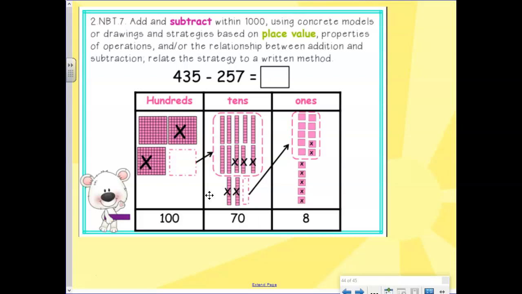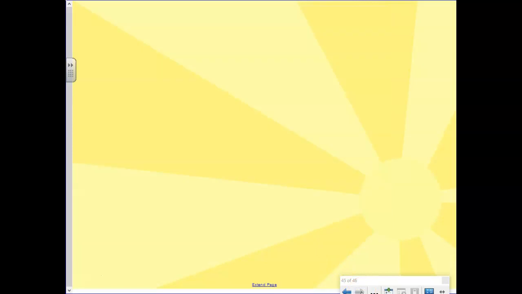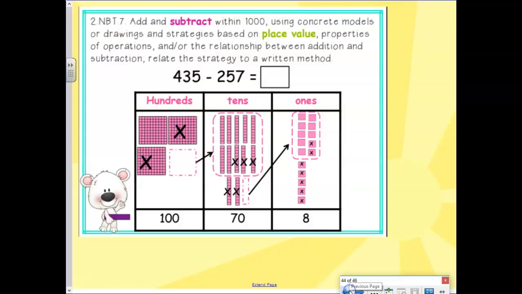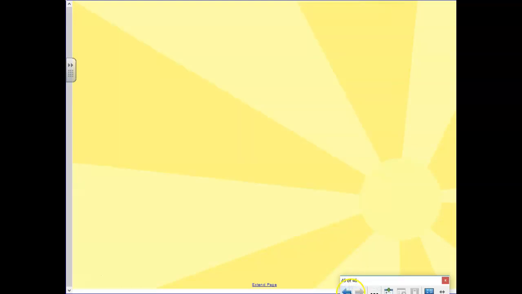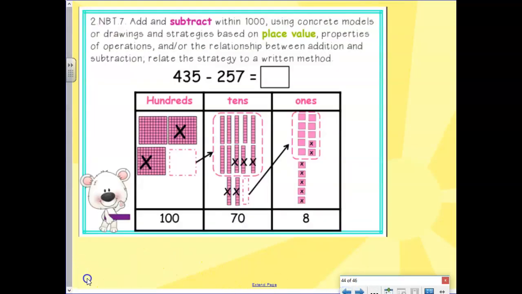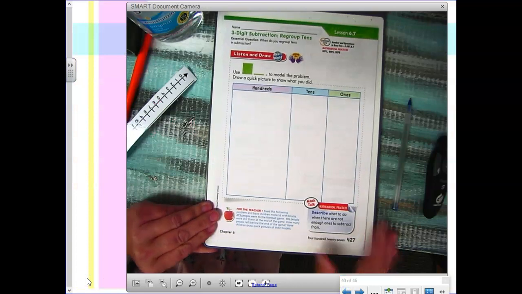All right, you'll need your same math workbook packet. We're still in that same math packet.